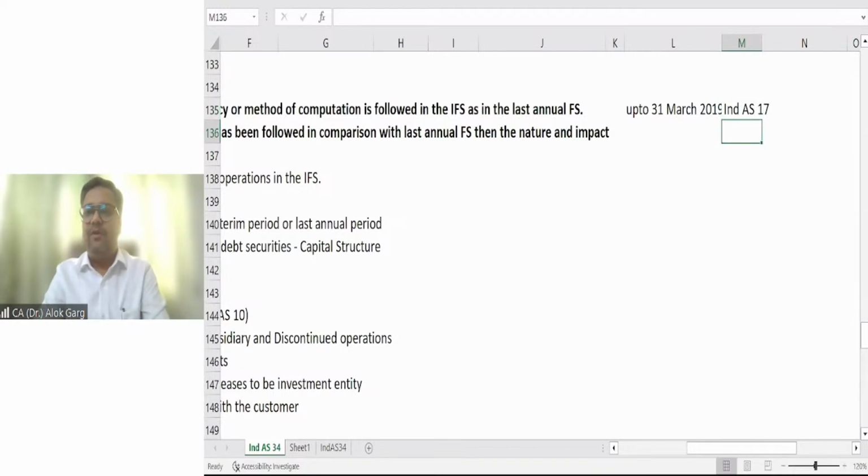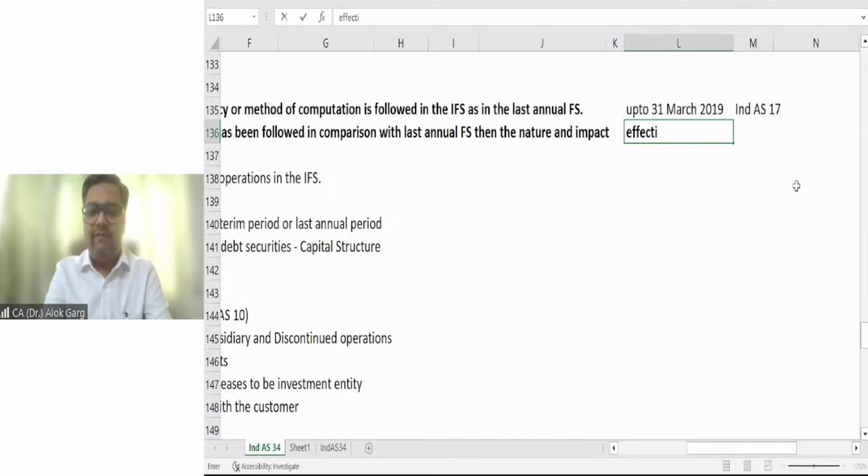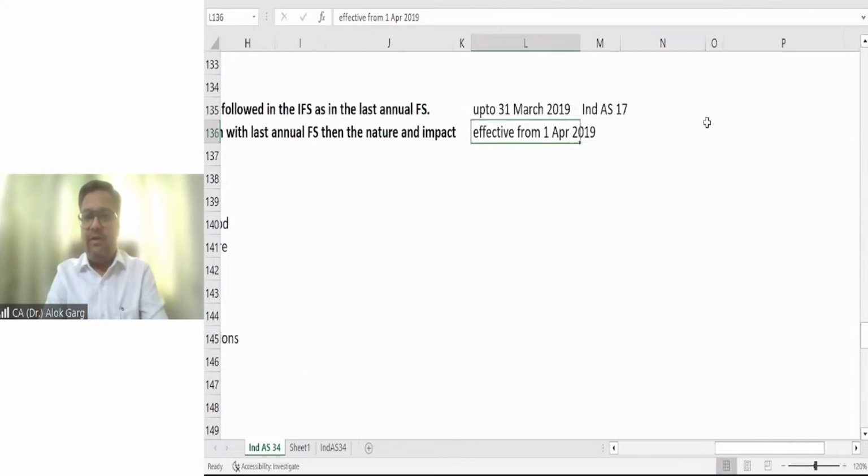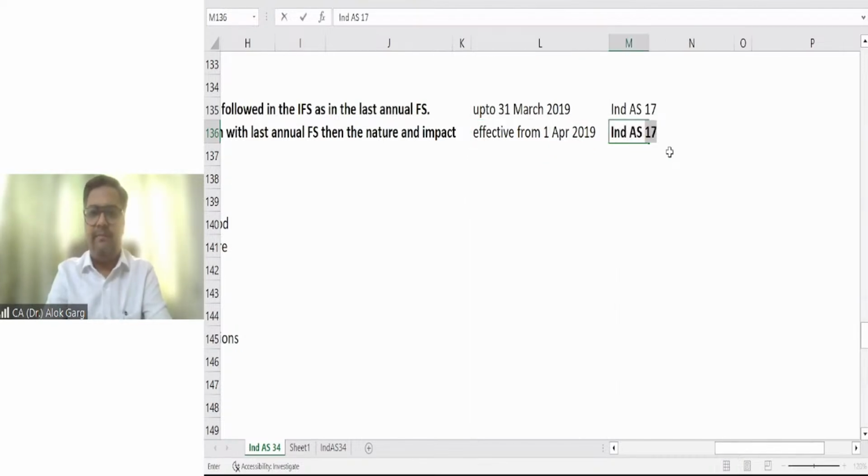This standard was withdrawn, effective from 1st April 2019, Ind AS 17 was withdrawn and Ind AS 116 was made applicable.